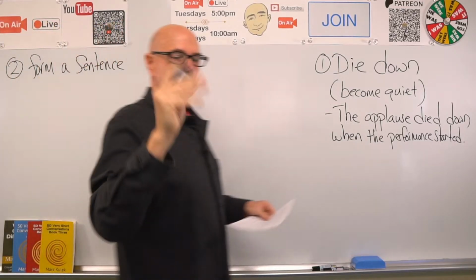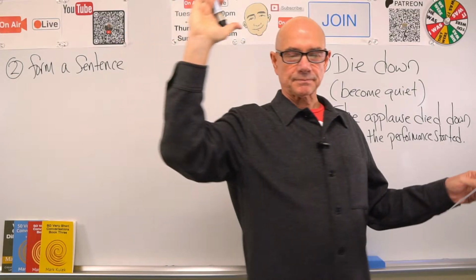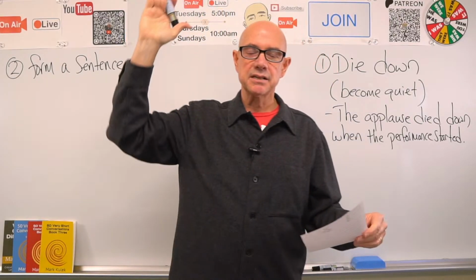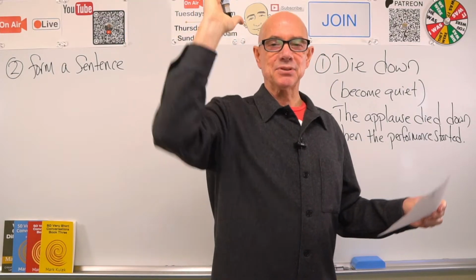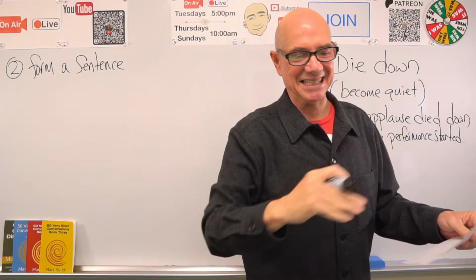Okay, so I'm going to write a pattern on the board. There's also a worksheet we will look at with example sentences with pictures. And then, of course, you will make your own sentences.